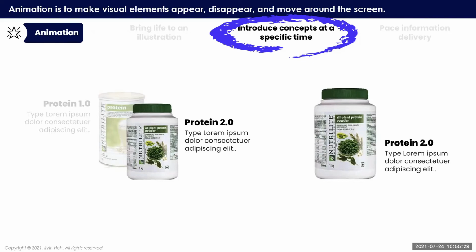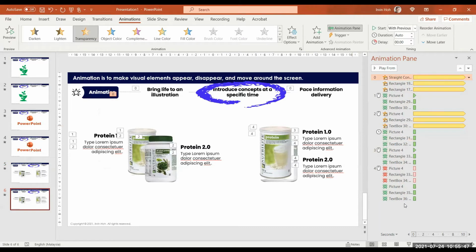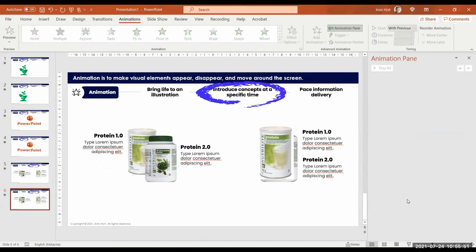But let me walk you through how to do this animation in PowerPoint. Same thing, let me walk you through by just duplicating this particular slide. Control D is to duplicate. Once I duplicate, you can see that the existing animation is also duplicated. But I don't want that, so I select all and delete.